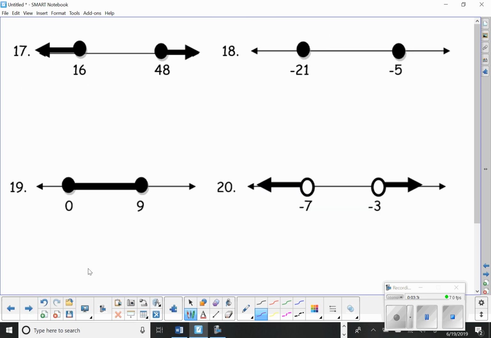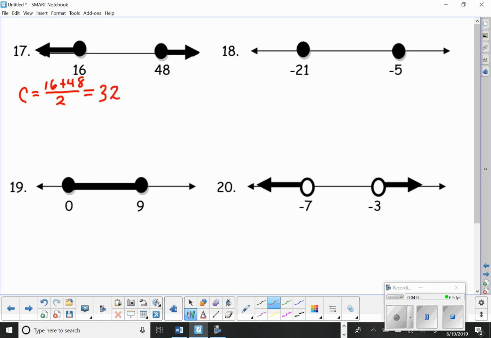17, 18, 19, and 20. If you have to, pause the video, rewind it, go back, look at it again. For each of these, the center is equal to 16 plus 48 divided by 2, and that's going to result in 32.